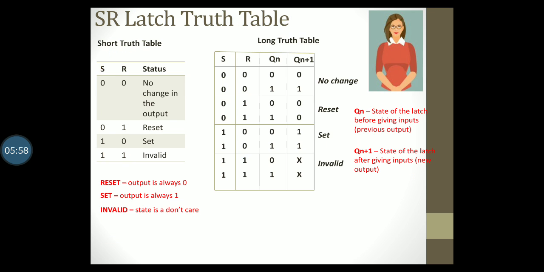In fact, looking at the long truth table, we have just implemented the following state. The previous state of the latch, that is Qn, is equal to 0, and you have given inputs S is equal to 0 and R is equal to 1. Therefore, the new output Qn plus 1 will remain as 0.